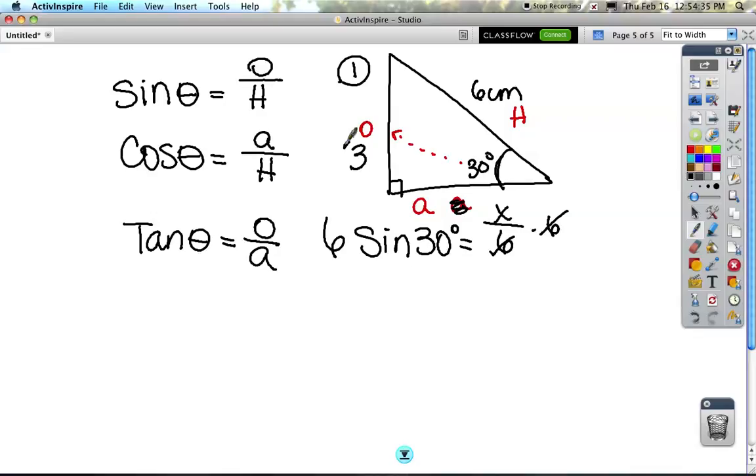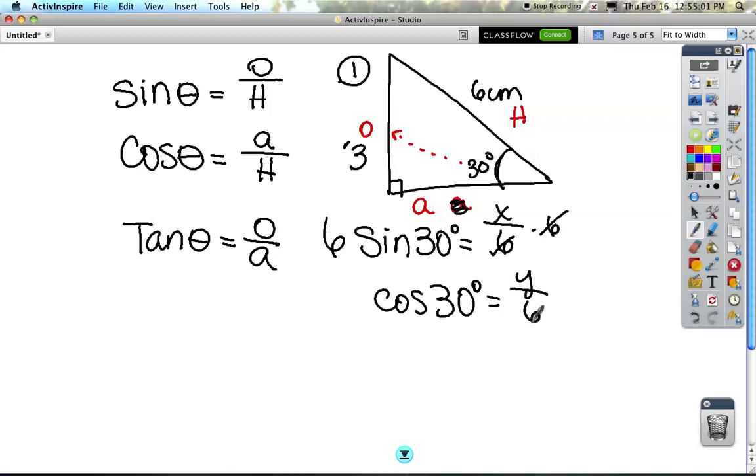Cosine. So I'm going to set up cosine of what? What always comes after sine, cosine, and tangent? The angle, 30, equals A over H. Well, what is my A? We don't know. Let's label it Y so we don't get confused.